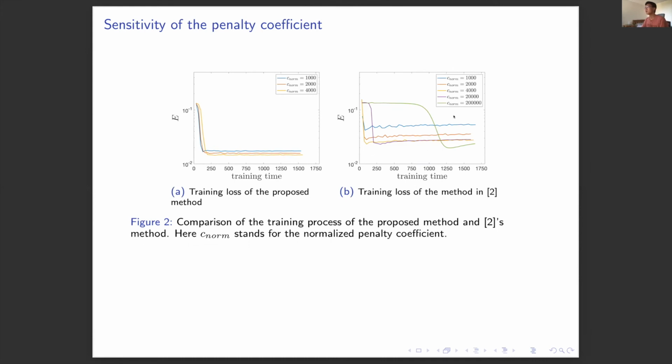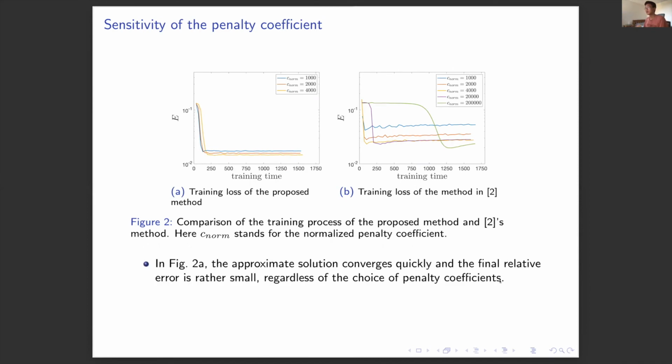But in the previous method, when you use different penalty coefficients, you obtain very different final errors and very different training processes. So in that sense, the previous method is much more sensitive to the penalty coefficient.